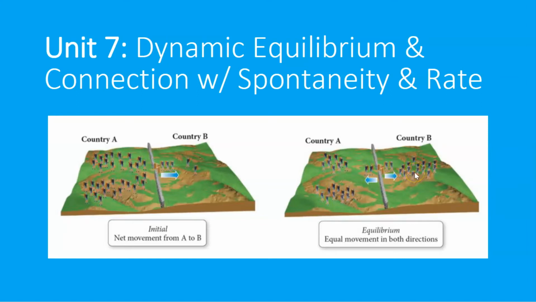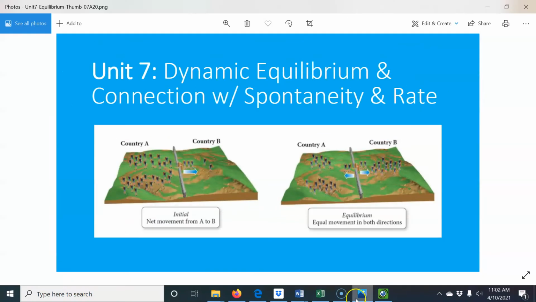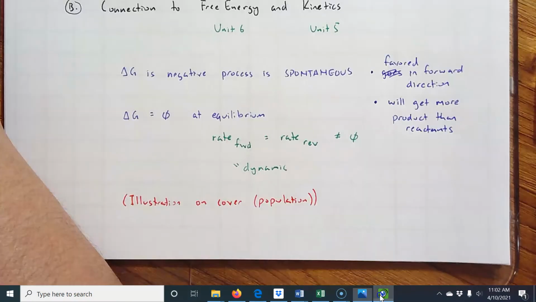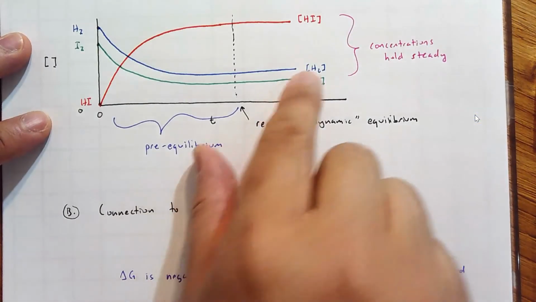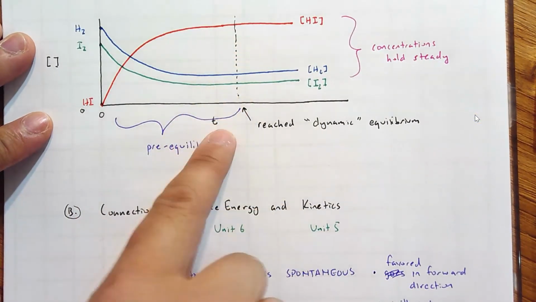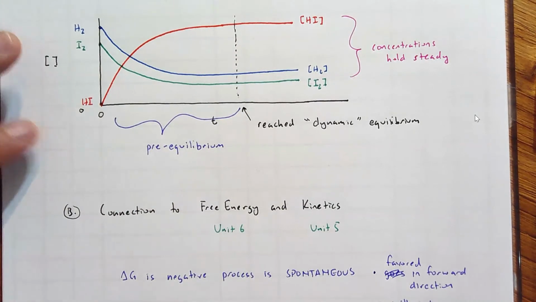If 4 families move into country A, then 4 families will move from country A to country B and maintain the population of both country A and country B at equilibrium. So those populations at some point will be maintained and they'll be steady. So it will reach dynamic equilibrium.